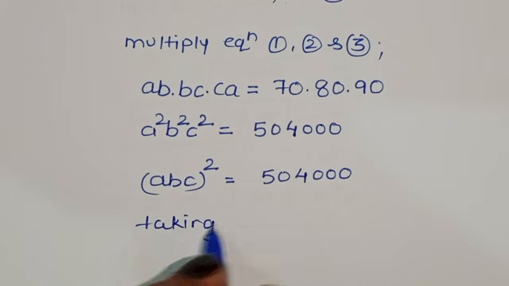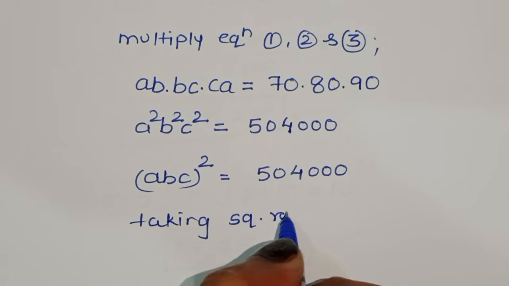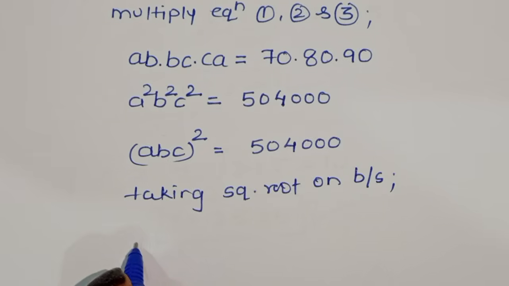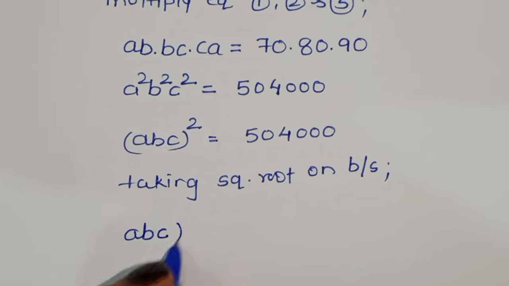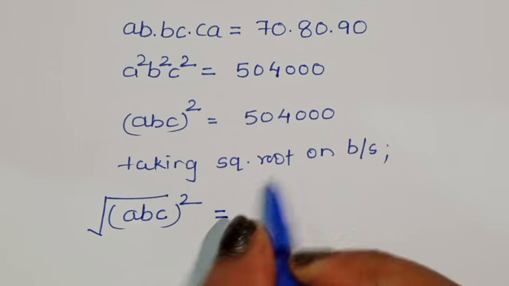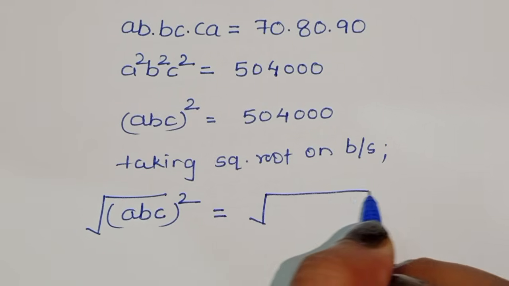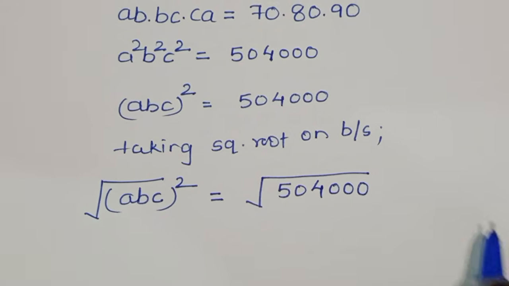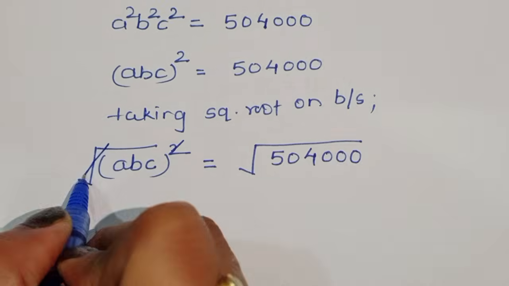Now we have to remove this square, so we take the square root on both sides. We will get the square root of (ABC) whole square is equal to the square root of 504,000. Now the square is cancelled by the square root.